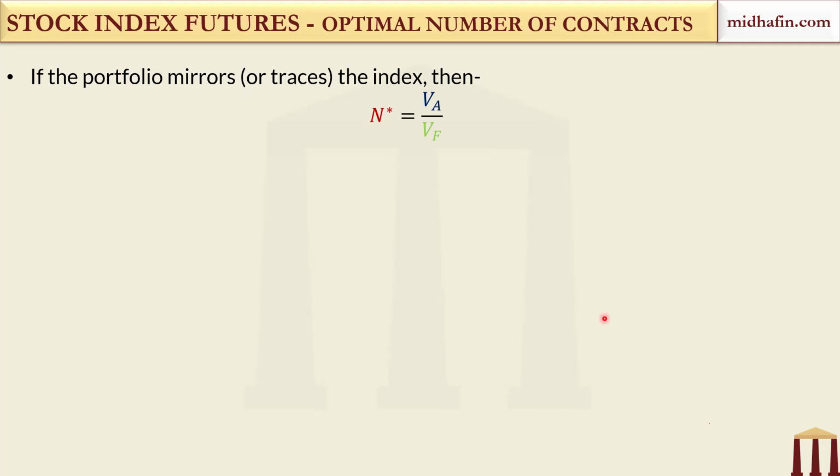So I have built a passive benchmark kind of portfolio where all the assets are in the same ratio, the same proportion as the market capitalization of the companies in the Sensex, or Nifty 50. That is what I have built.